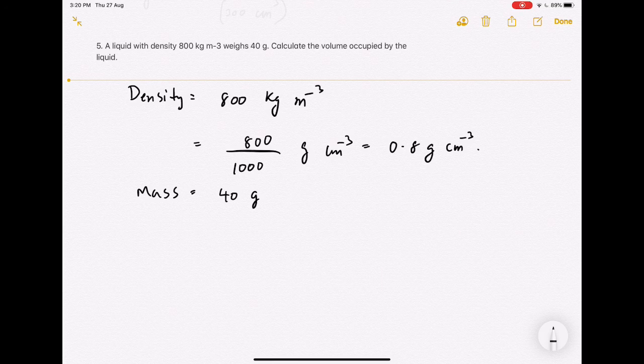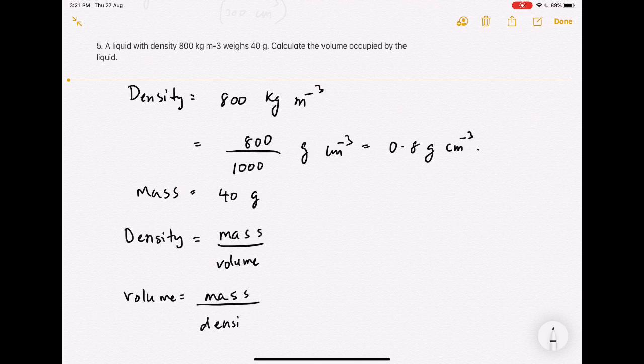Therefore, to calculate volume, if I write the formula of density, that is equal to mass by volume. Hence, volume will be equal to mass by density. And if I write the mass in grams, 40 grams, and the density as 0.8 grams per centimeter cube, the unit of volume will come up in centimeter cube.